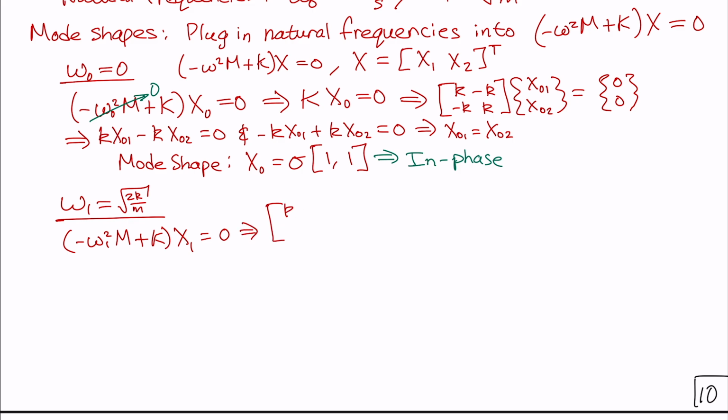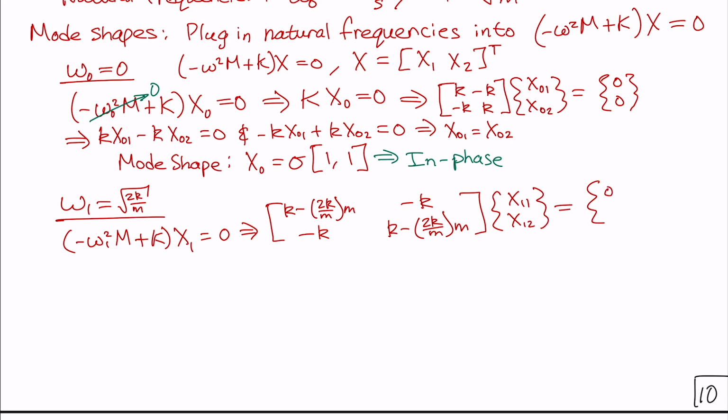Here we're going to get k minus the quantity 2k over m times m, minus k down here, minus k up here. And in the last term, we'll get k minus 2k over m, also multiplied by m. All that multiplied by x11, x12, equal to 0, 0.